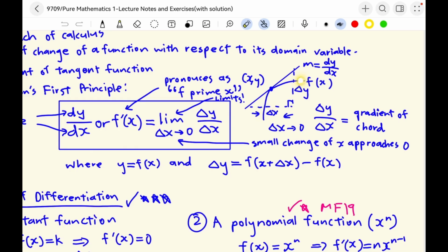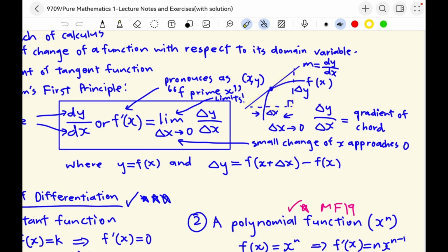Take any 2 points which lie on the curve of fx. So this is the gradient of a chord, but this is not the gradient of the tangent that we want to find. Okay, given that there is a small change, which is the difference of the x coordinate, as you see over here, they can be constructed as right-angled triangles, okay, as I have drawn over here.